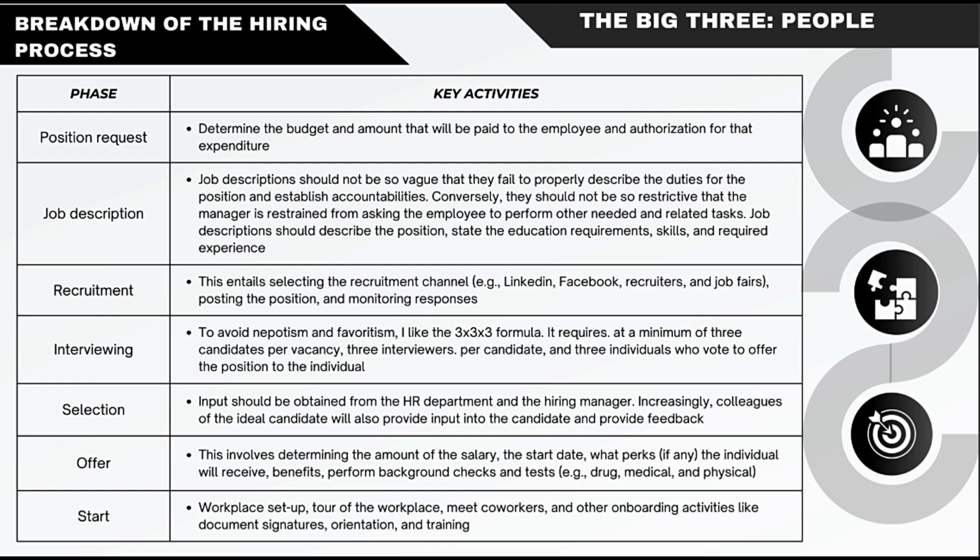Common recruitment channels include online platforms such as job boards, social media platforms like Facebook and Twitter, recruitment agencies or headhunters, and attending job fairs or industry events. The selection of channels depends on factors such as the nature of the position, the target audience, and the organization's recruitment budget.